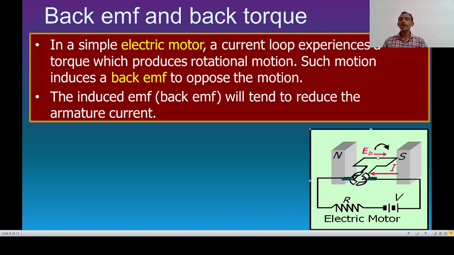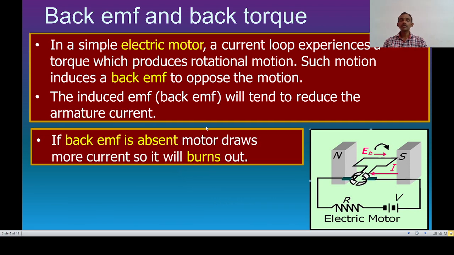This back EMF is such that it opposes the motion, and it tends to reduce the armature current. The induced current flows in the direction opposite to the current due to the battery or the cell, so the induced EMF will tend to reduce the armature current.